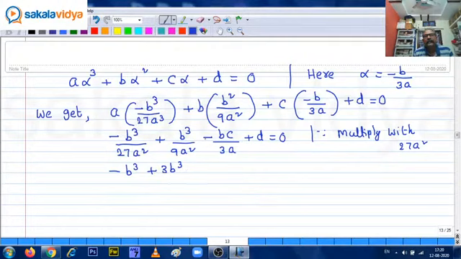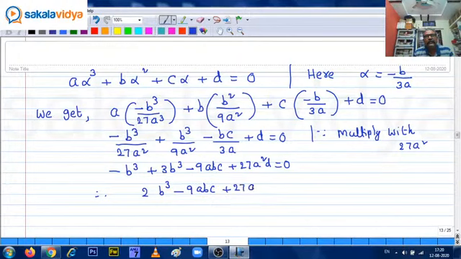Now 27a square by 3a, that will be 9a, minus 9abc plus 27a square d equal to 0. So therefore we get 2b cube minus 9abc plus 27a square d equal to 0. This is the condition we shall get.